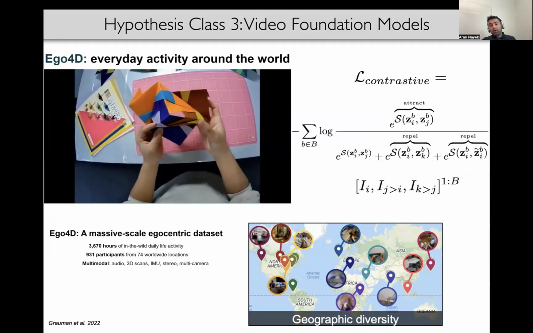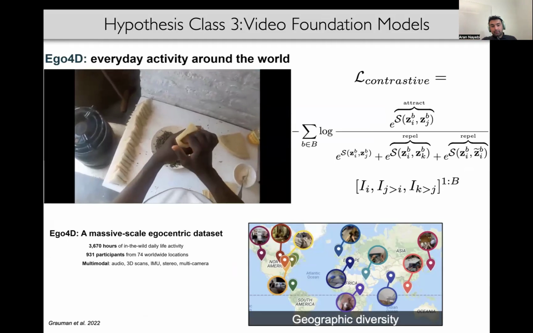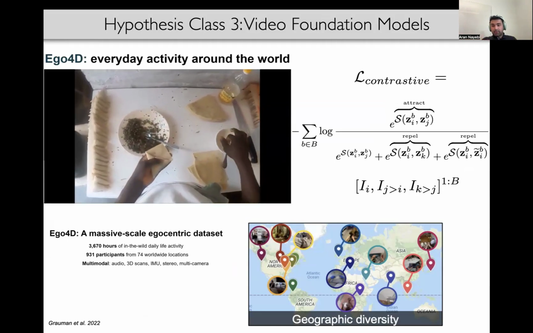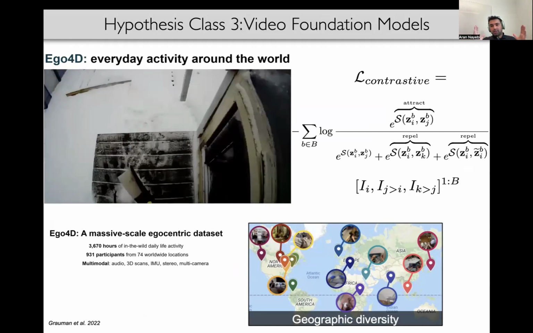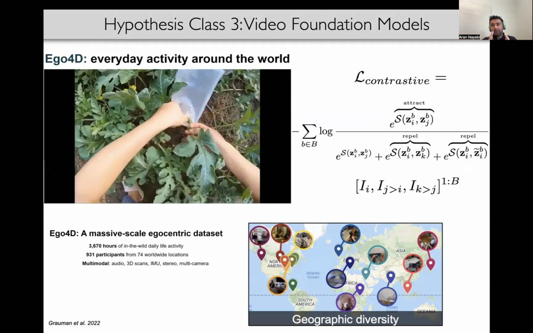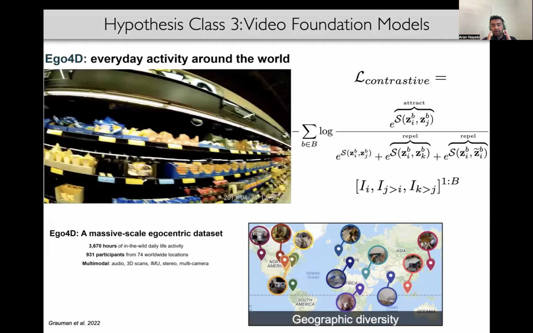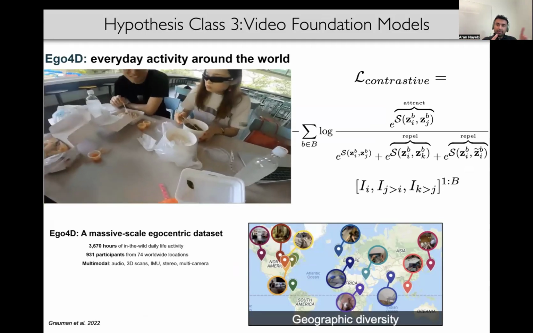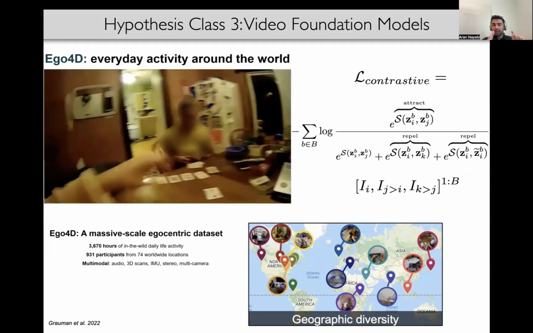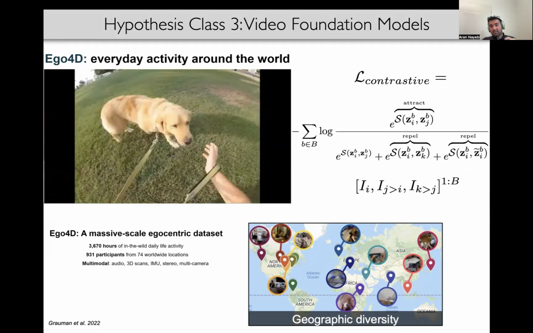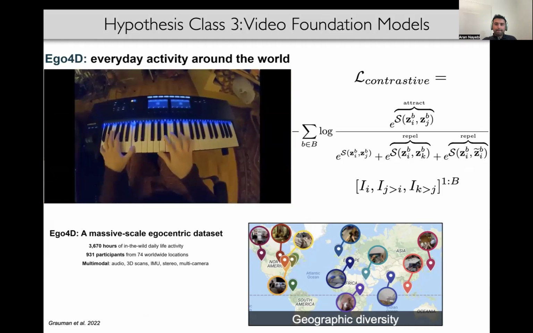And you can train in a contrastive self-supervised way on videos to learn representations that attract video frame representations that are closer together in time, and repel those video frame representations that are earlier in time, as well as those in the same batch but from different videos.